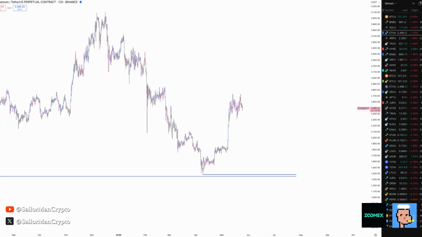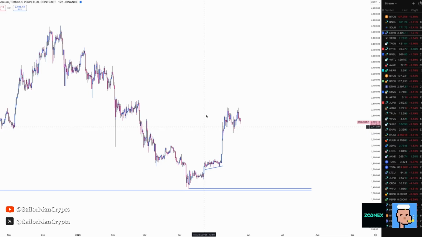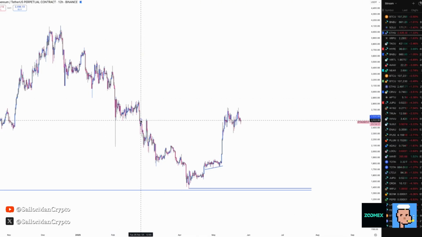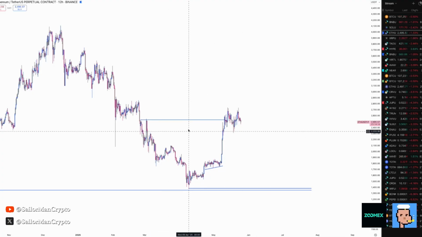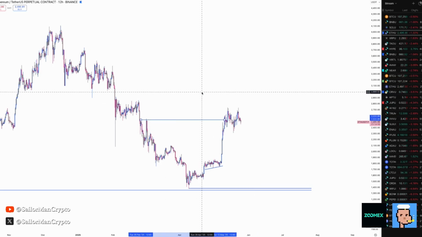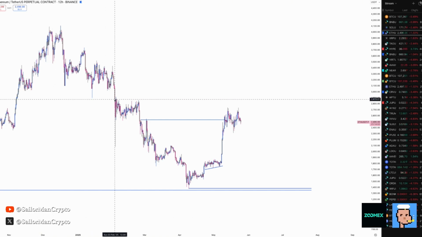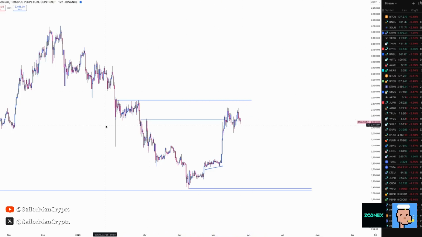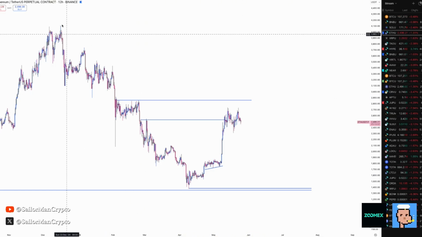What do we have? We do have poor lows here. As you can see, these were never taken. And what we had, we had sort of, probably in some exchange, equal lows similar to Solana, taken now, so they are not relevant anymore, but we leave them to tell a story. And what we have is a very big, strong liquidity cluster here. This was a range where price distributed for a while.